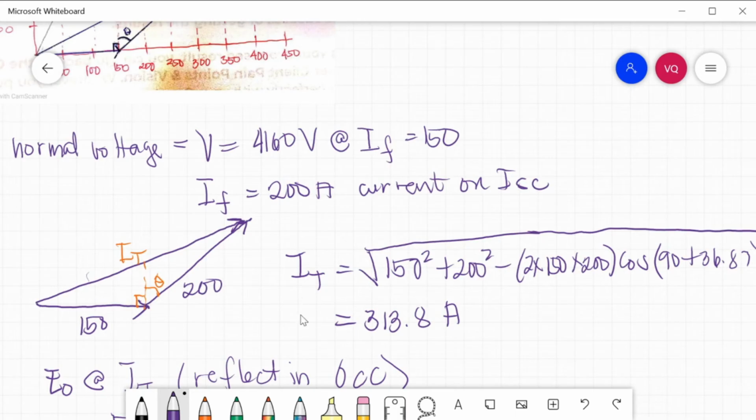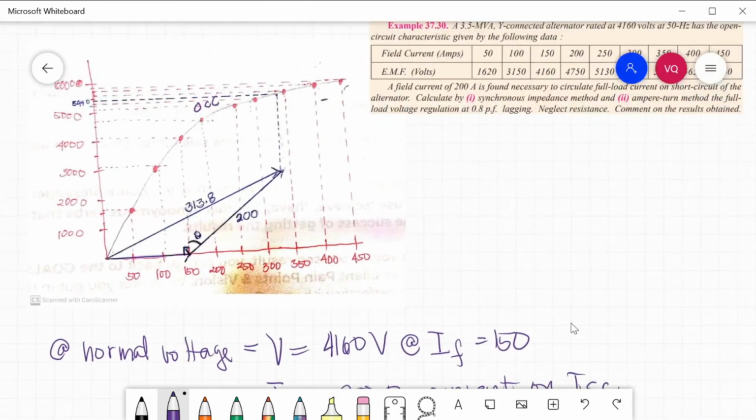Now, this 313.8, we will reflect in our OCC. This is our 313. We will reflect it in our OCC curve, and then we will get the EO, or the no load voltage.